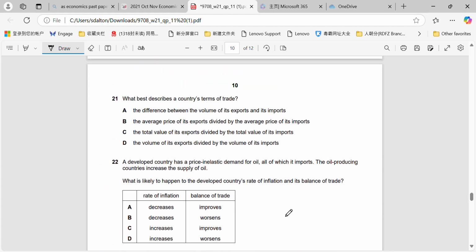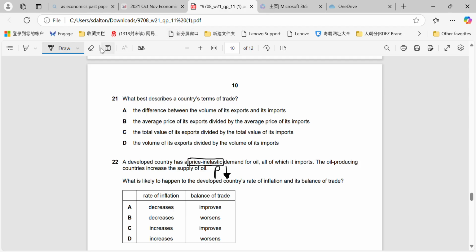A developed country has price inelastic demand for oil, all of which it imports. The oil producing country increases the supply of oil. Very importantly, if the supply of oil increases, then the price of oil will drop. Now, because they've got price inelastic demand, the quantity demanded will change by less than the change in price.